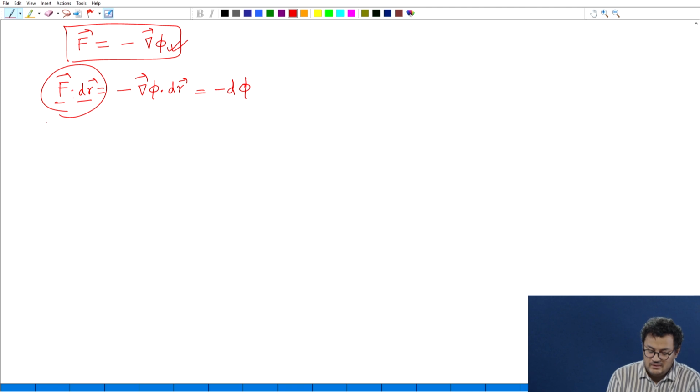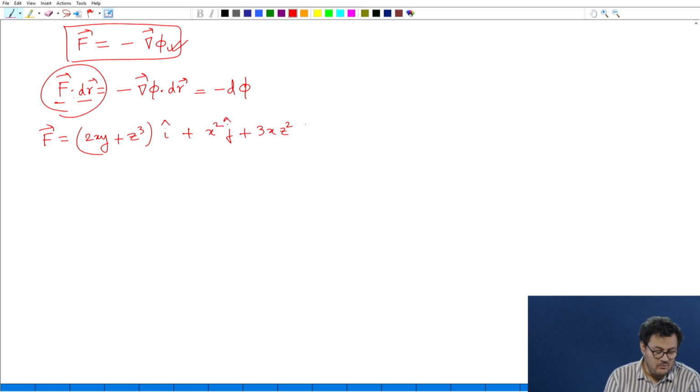Okay. So, let us say my force field is (2xy plus z cube) i cap plus x square j cap plus 3x z square k cap. Now, I have to find the phi.